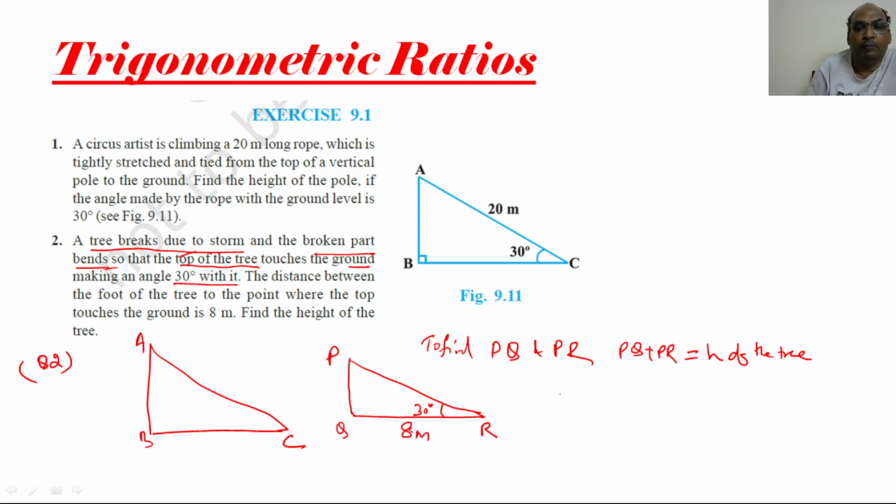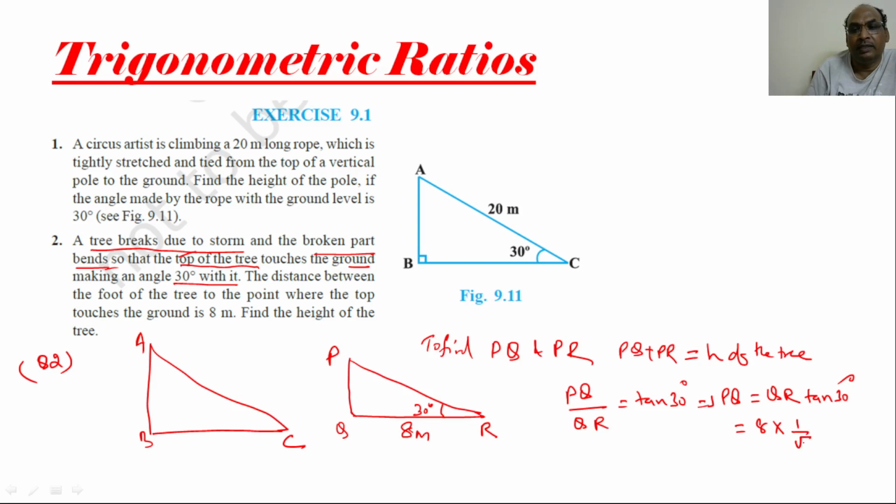So we know that PQ by QR is equal to tan 30 degree, right? So PQ will be equal to QR tan 30 degree. So this will be equal to QR is 8, it is given, tan 30 degree is equal to how much? 1 by root 3.